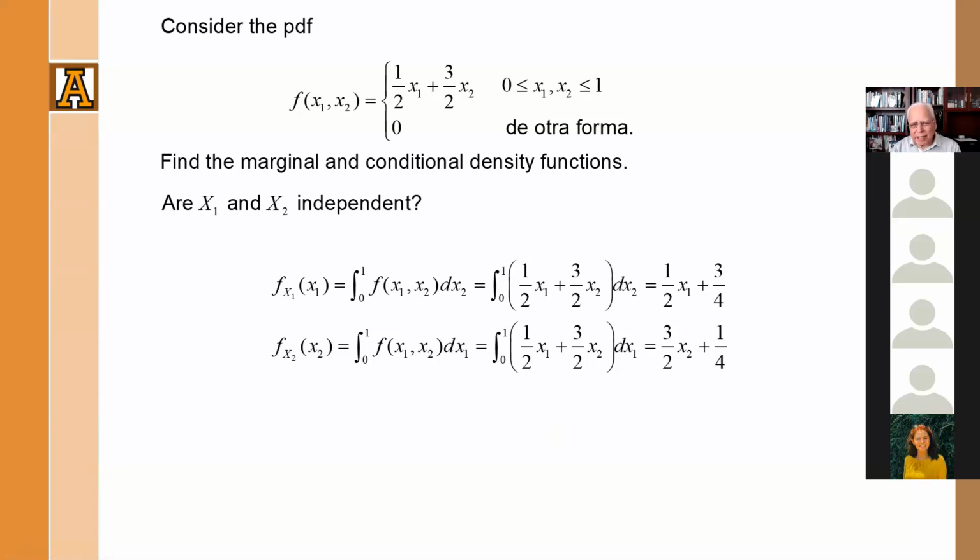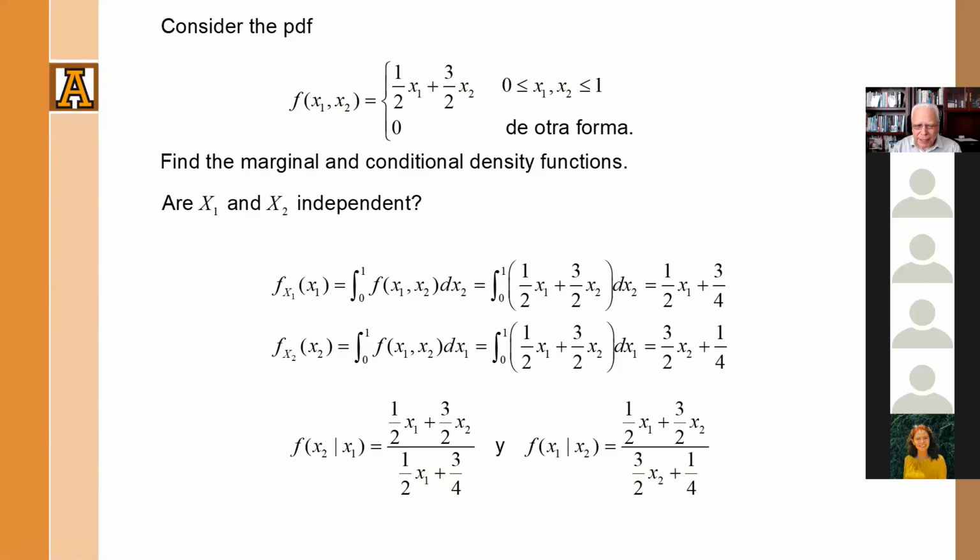Are X1 and X2 independent? These are the conditional distributions of X2 given X1 and X1 given X2. So are X1 and X2 independent or not? Any votes for yes or any votes for no?